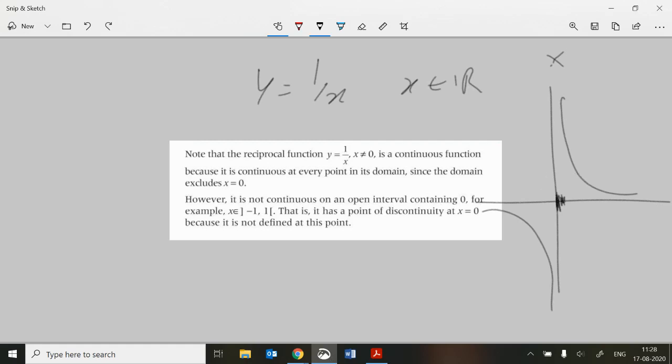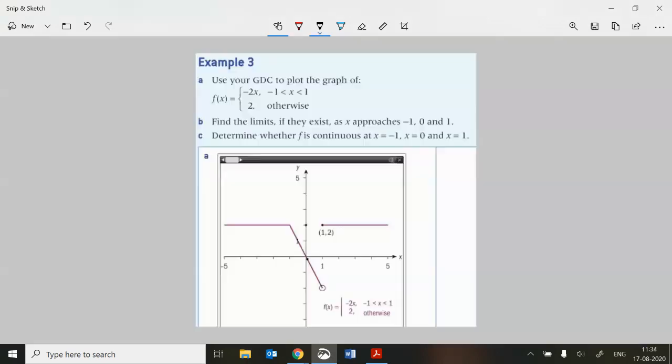And of course, it will be defined at that point, and the function 1 over x exists for that point, so it's continuous. It follows the rules of being continuous. And then it says, however, it is not continuous on an open interval containing 0. Yeah, but it's also not a function at that point. So that's a bit of a moot point.